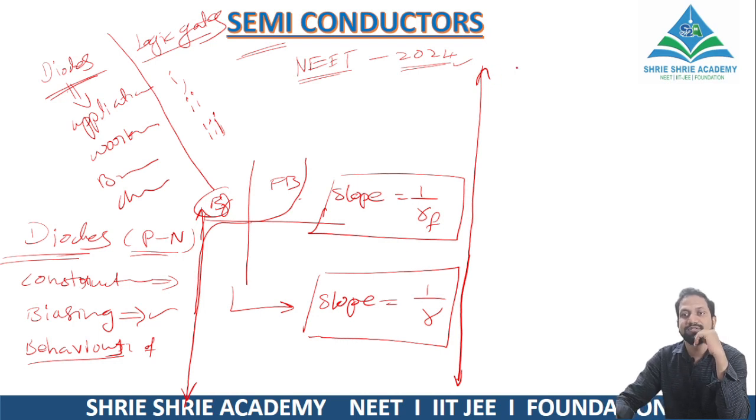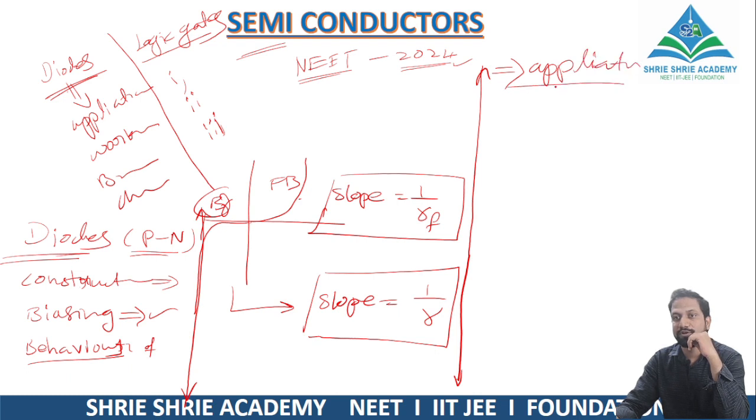If you go to the applications of the diode, the one and only application is a rectifier, that we can discuss at the +2 level. But there are three kinds of rectifiers.